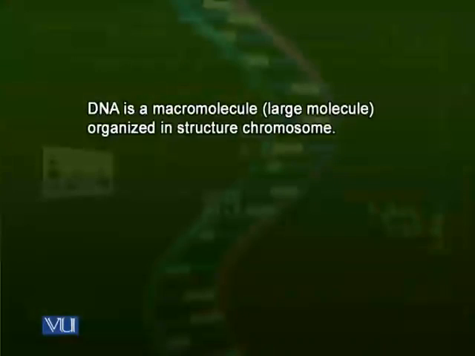DNA is a large molecule. We call it a macromolecule, and it is present in all types of organisms except for a few in which the genetic material is RNA. In most organisms, DNA is the genetic material.